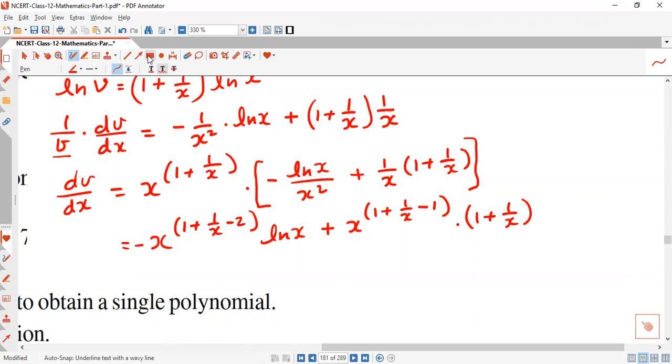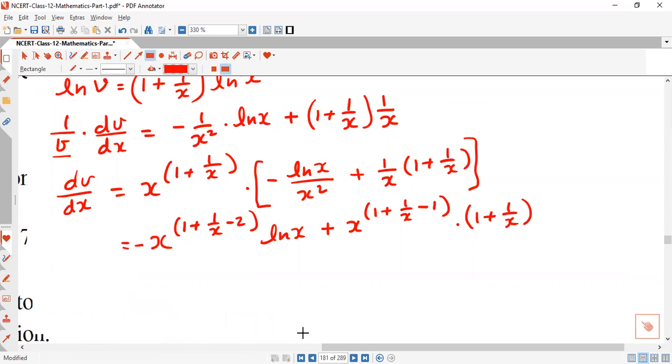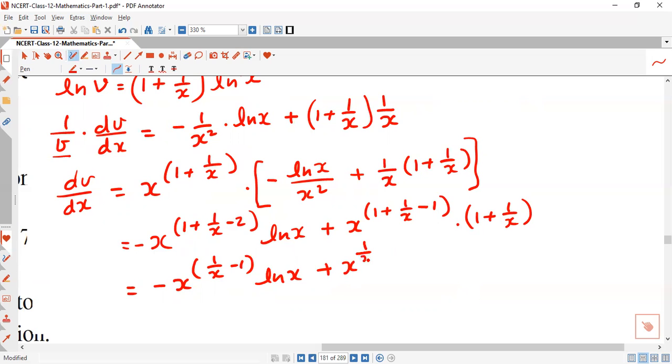Just do the simplification of this term. Minus x raised to 1 by x minus 1, log x, plus x raised to 1 upon x, and that is multiplied by 1 plus 1 upon x. This is dv by dx.